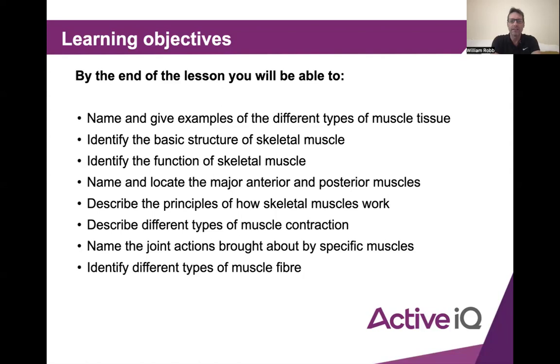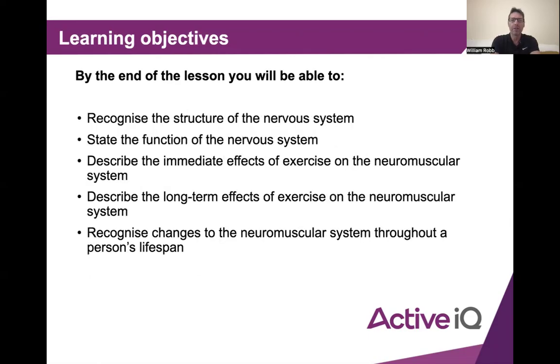tissue, identify the basic structure of a skeletal muscle, identify the function of a skeletal muscle, name and locate major anterior and posterior muscles, describe the principles of how skeletal muscles work, describe different types of muscle contraction, name the joint actions brought about by specific muscles, identify different types of muscle fiber, recognize the structure of the nervous system, the function of the nervous system, and describe the immediate effects and long-term effects of exercise on the neuromuscular system.